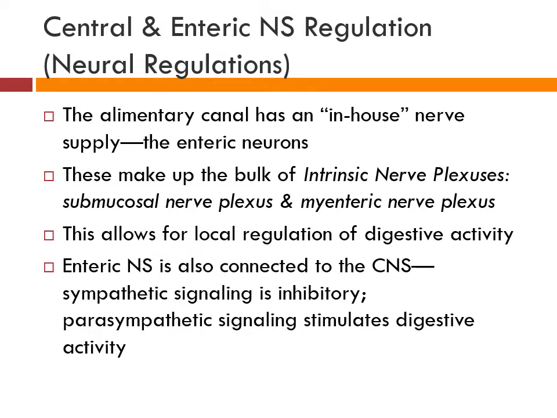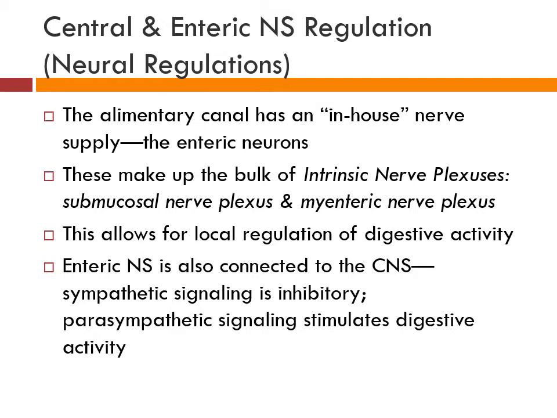This allows for local regulation of digestion. So you can have stimuli that are local, and that will create peristaltic action or release of hormones or digestive enzymes in that localized area of the digestive system.